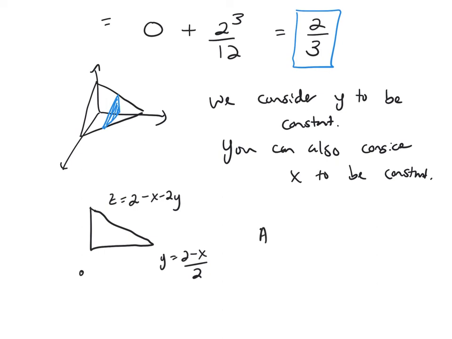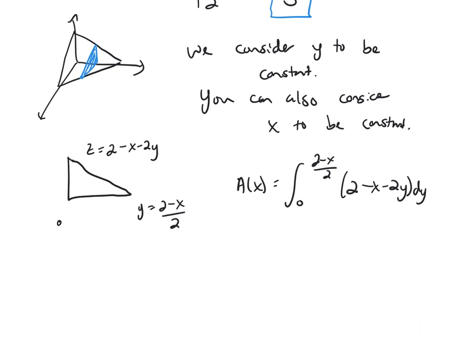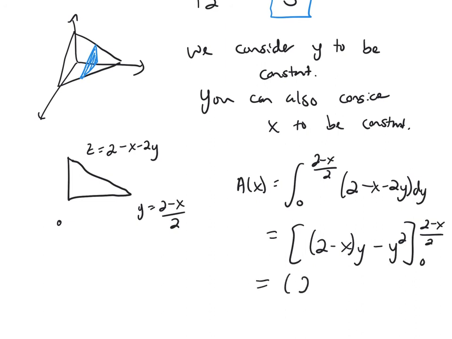So in this way, we can get A of x is the integral from 0 to 2 minus x over 2. So now we're getting 2 minus x times y minus y squared over 2 there.